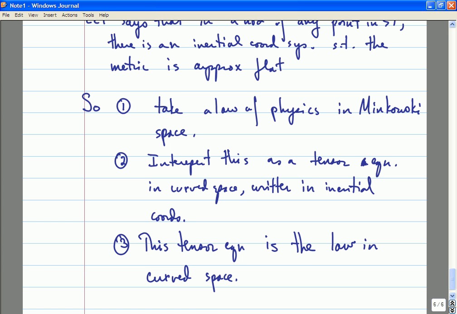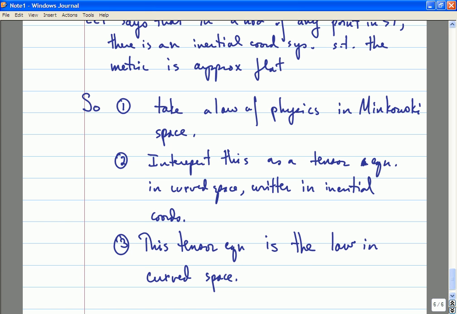So far in your classes, let's take electromagnetism as an example. You know how to formulate electromagnetism in Minkowski space. And the question that we would like to answer then is, how do we formulate the laws of electromagnetism in curved space? And the answer that I would like to give, that I've outlined in these 3 steps, is the following. You take that law of physics, Maxwell's equations for example, and rather than interpreting them as a law of physics in flat space, Minkowski space, you say that is the law that is valid at a given point in space-time in the Riemann normal coordinates, or the inertial coordinates associated to that point.